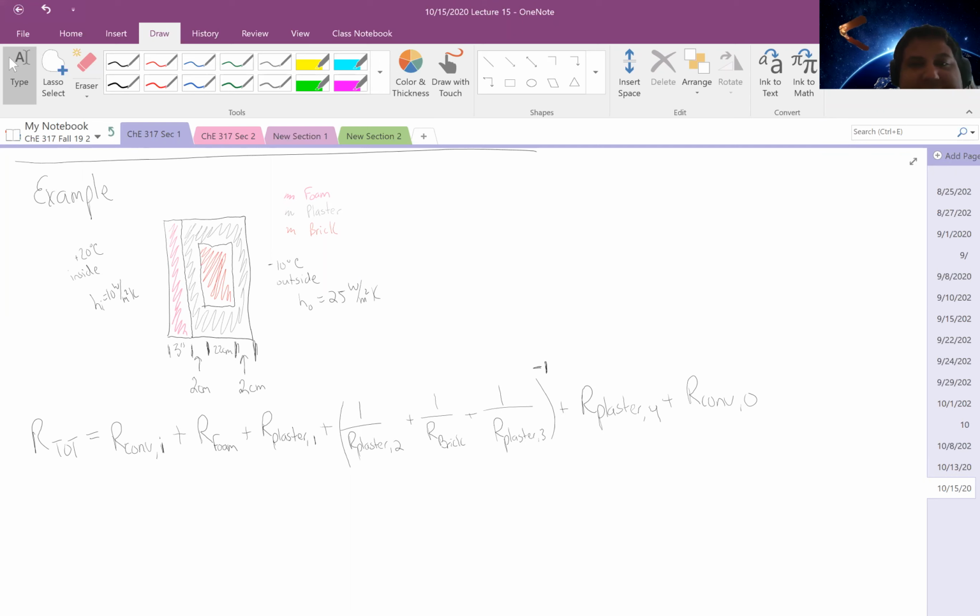One of the sticking points that I've seen with this is that the wall is a 3 meter by 5 meter wall, so the area of this is 15 square meters. However, the brick is only 16 centimeters by 22 centimeters.